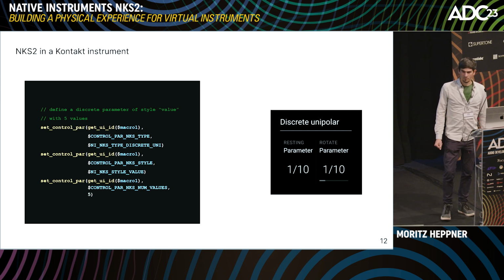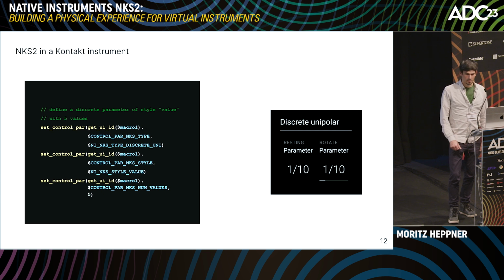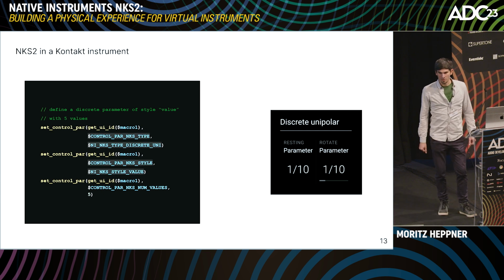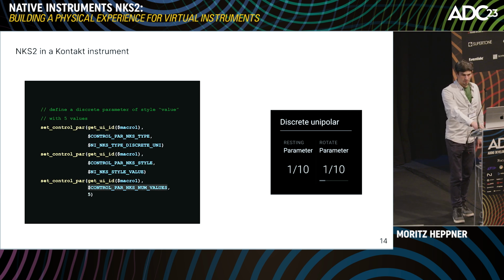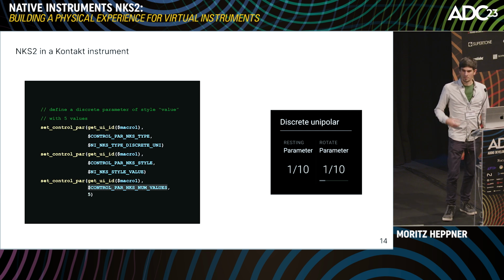For example, for parameters' descriptive information, there's the control parameter NKS type and NKS style. In this example, you can see how you can define a discrete unipolar parameter of style value. And then in the last line, there's another control parameter that we set, which is called NKS num values.